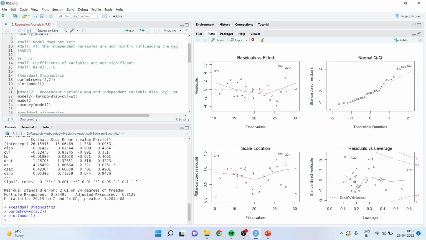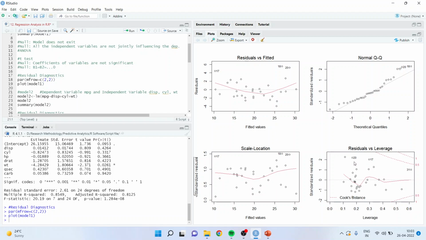Let us talk about residuals versus leverage. It shows a plot of leverage against standardized residuals. There is a measure to evaluate the influence of each data point on the regression model, which is known as leverage. So how much each point is influencing, that measure is known as leverage.